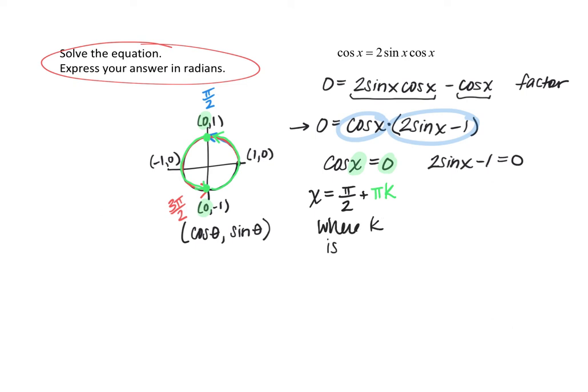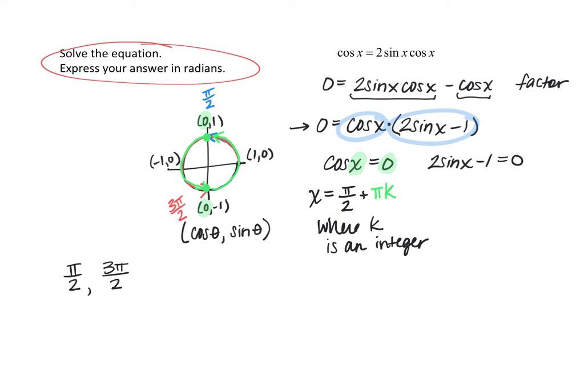You don't have to use k. If your pre-calculus or your trig teacher taught you to use the letter n and write pi halves plus pi times n, that would be totally fine. But let me explain what that k means. That first angle was pi halves, the first angle we found. The second angle was 3 pi halves.